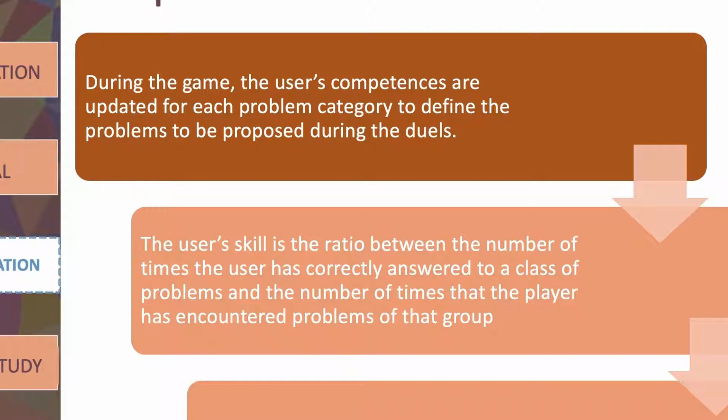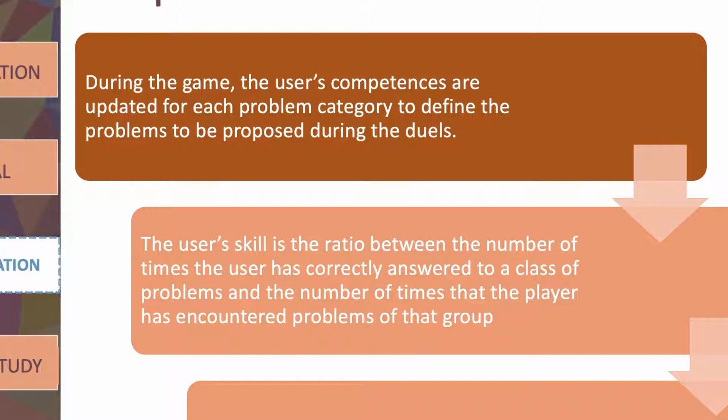So if the student fails more often problems that are related to the commutative properties, for example, in the next levels of the game, the game will propose more often problems of this type.